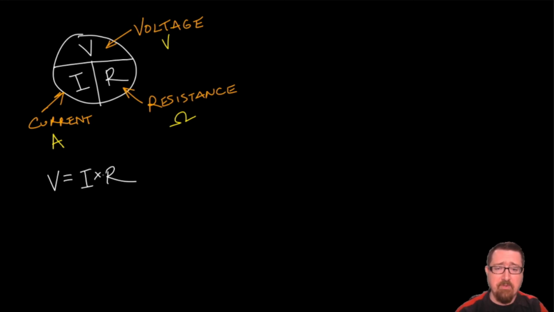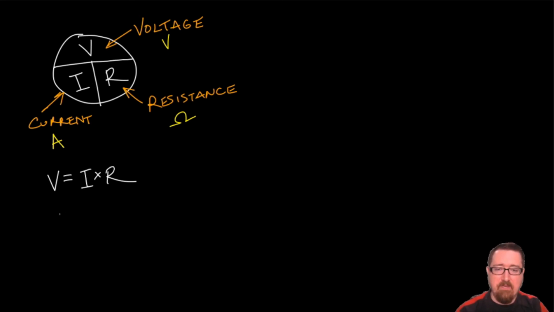What affects voltage is going to affect current and resistance, and vice versa throughout the formula. On our circle, we're trying to figure out V, which means I is going to be multiplied by R. So this line dividing I and R represents multiplication.